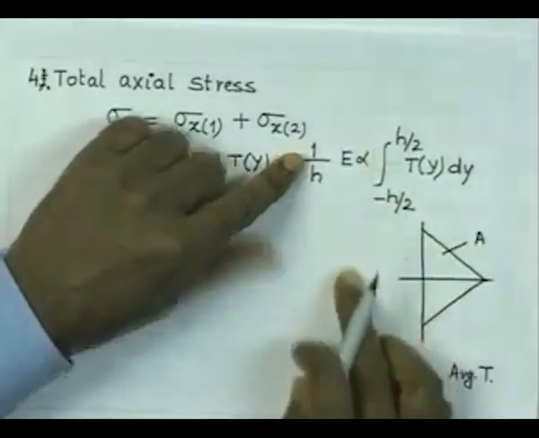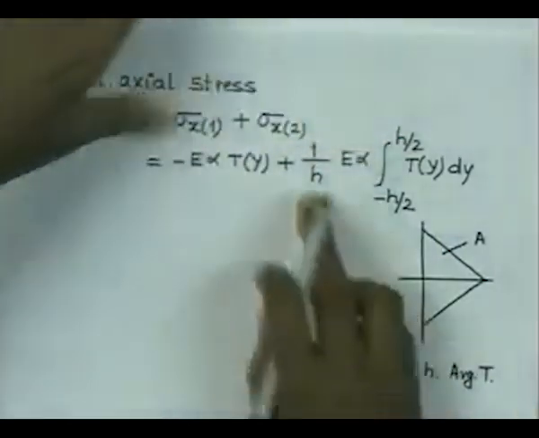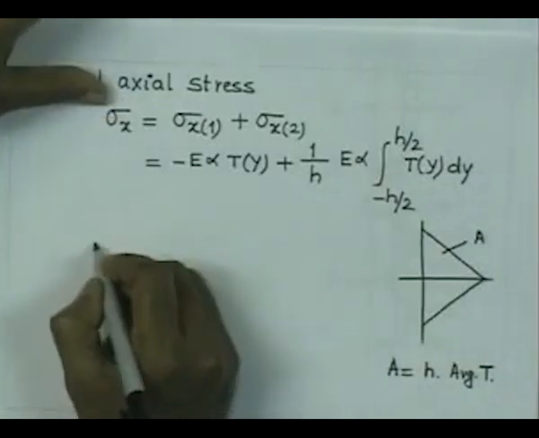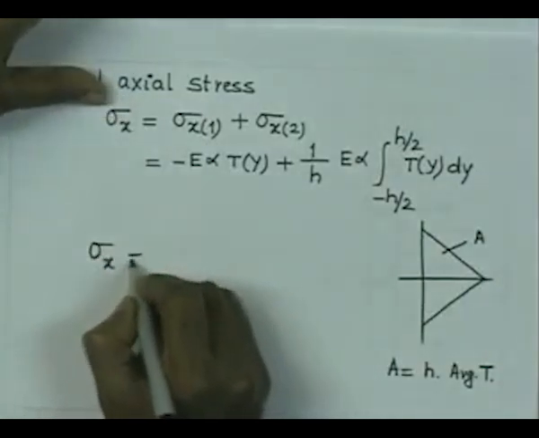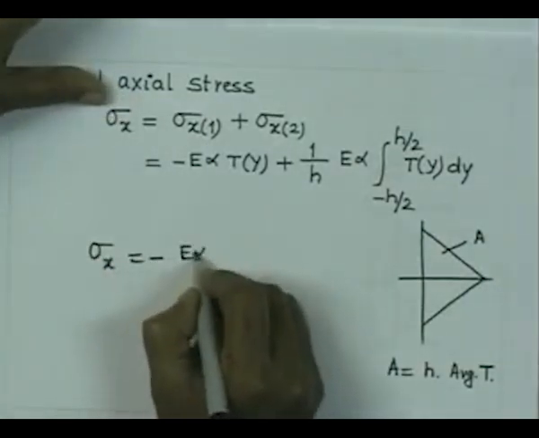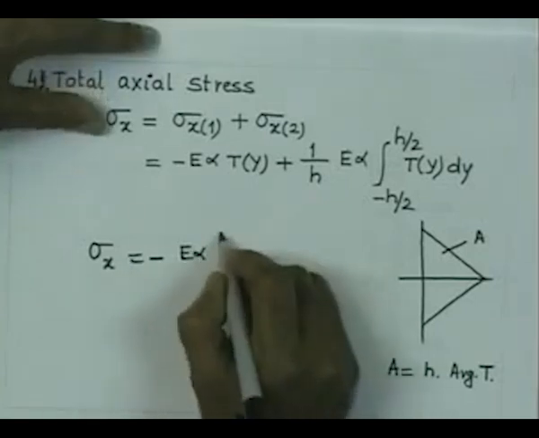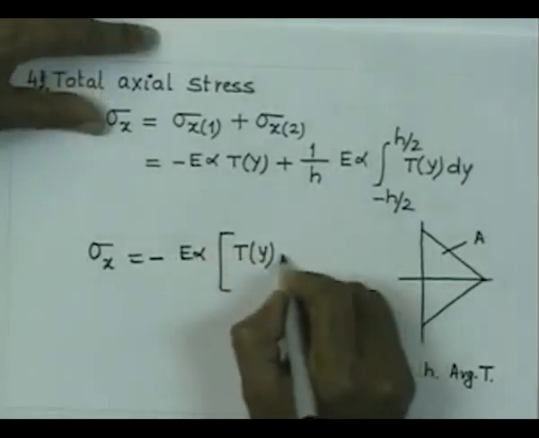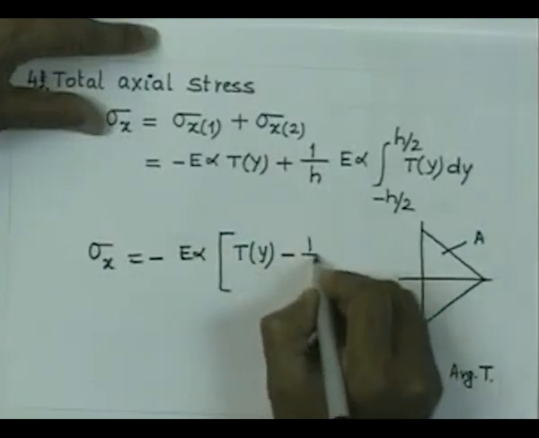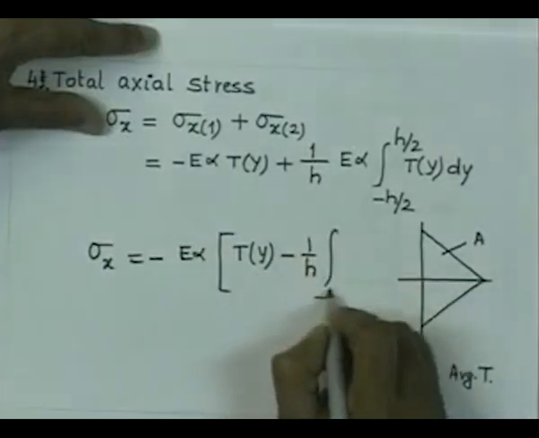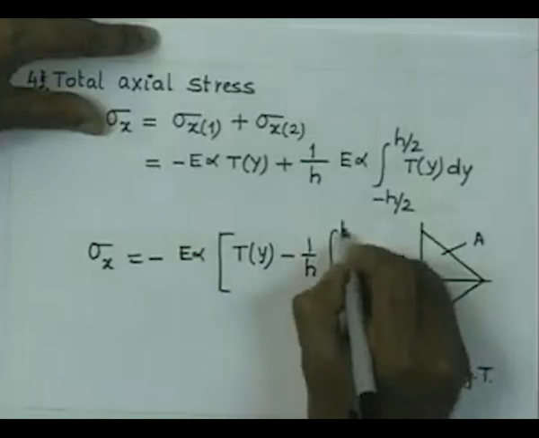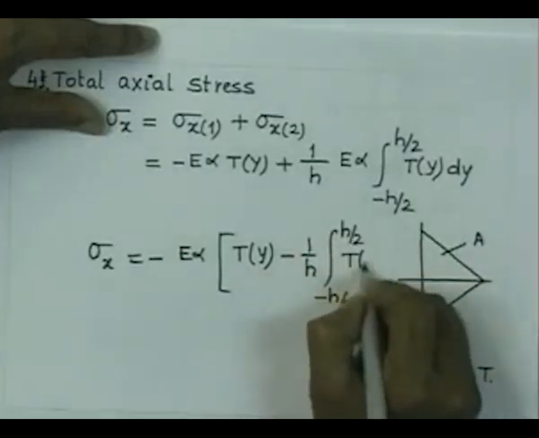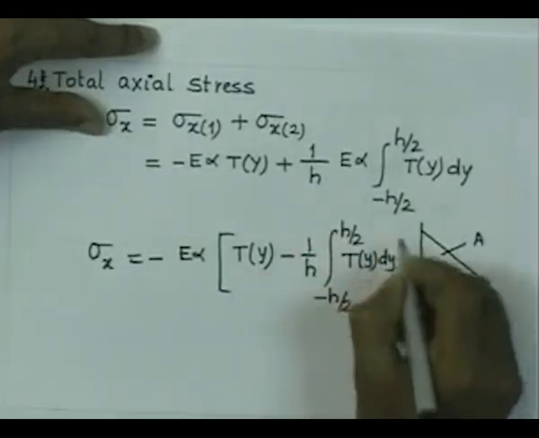Of course, if we just forget about this quantity for the moment, this is nothing but given by the average temperature, and you have a constant here. So, you can see that we can write sigma x is equal to, if I take this thing out, E alpha Ty minus 1 by h integral from minus h by 2 to h by 2 of Ty dy.